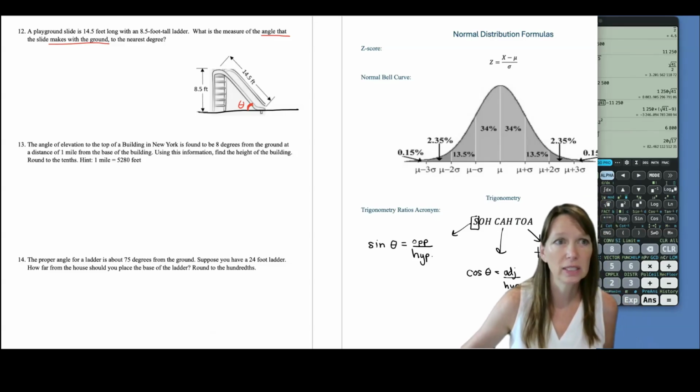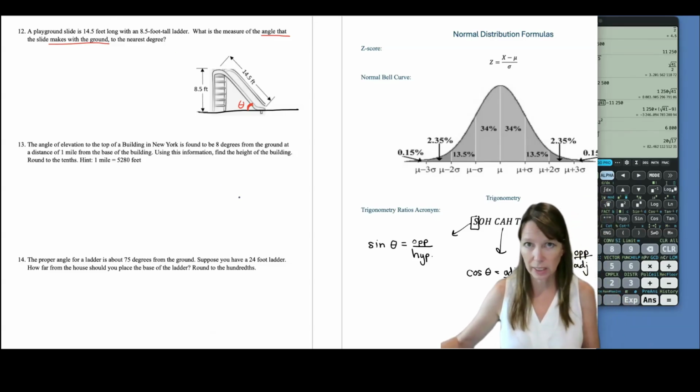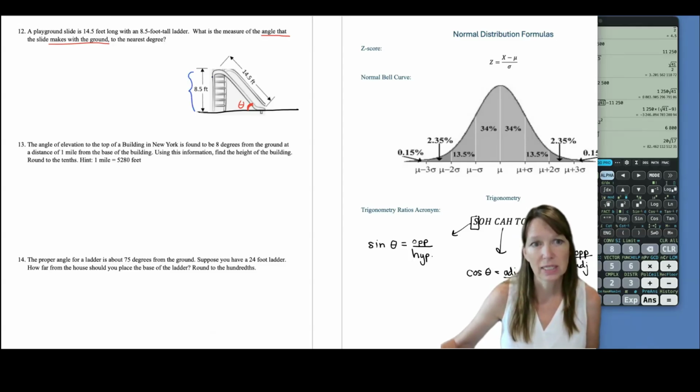And then in this case, what we want to do is, again, label all of the numbers that we have. So 8.5 is my height. Again, it's related to where it is in relationship to the angle. So our 90-degree angle is sitting in this bottom left corner.